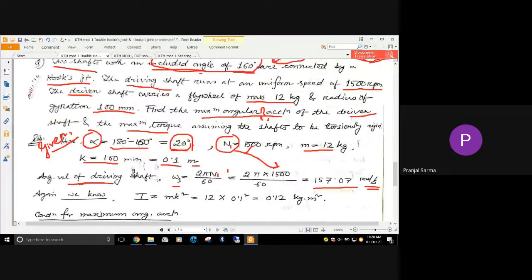Now you see, in that particular case, the flywheel is attached. Do you know the need of a flywheel? Generally, why is it used? Basically, there is a cyclic variation in speed in a cycle.